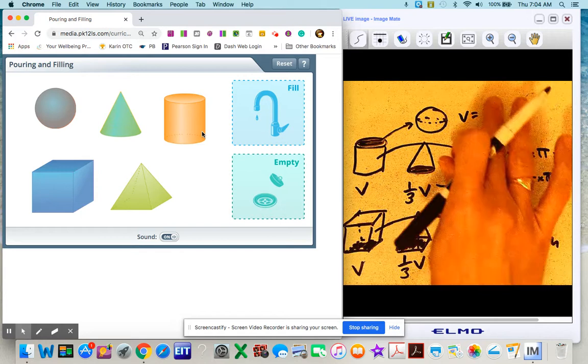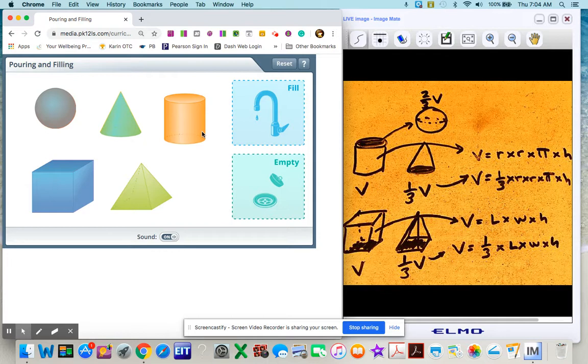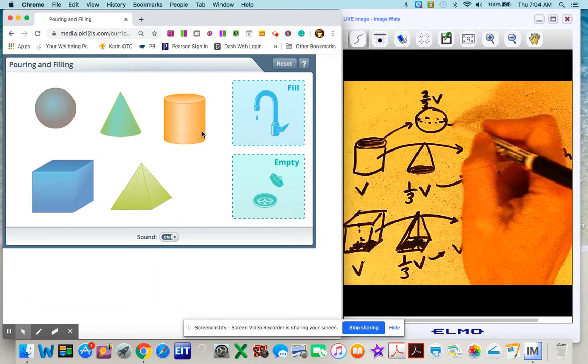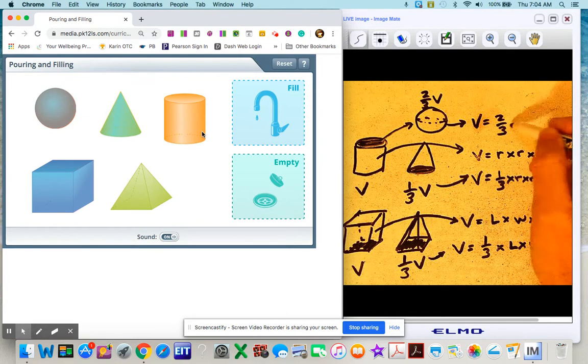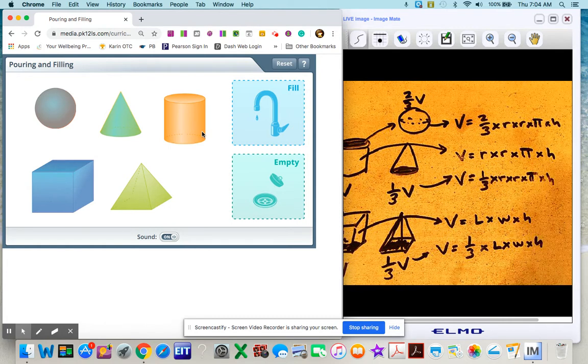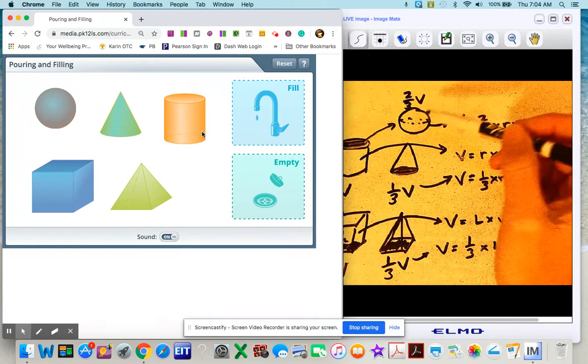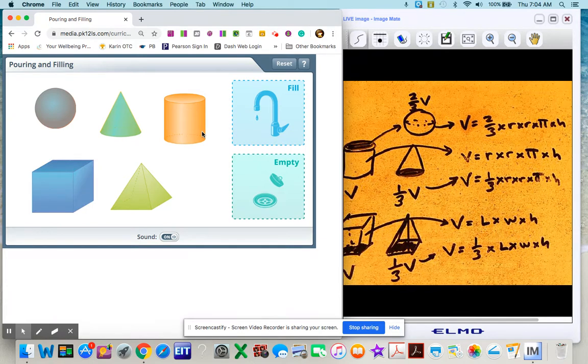If I wanted some kind of formula, I'm going to do 2/3 times radius times radius times pi times the height. And the height has to be the same thing as the diameter of the sphere. All right, so 2/3, that's going to be my relationship.